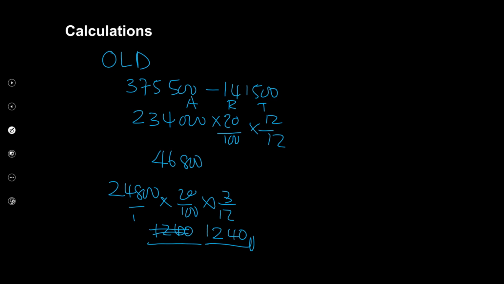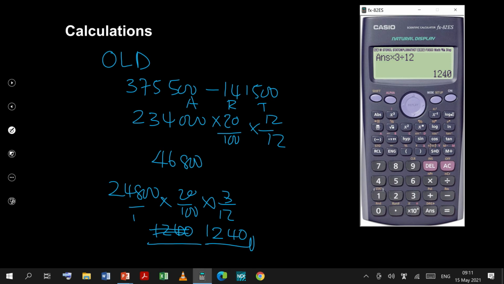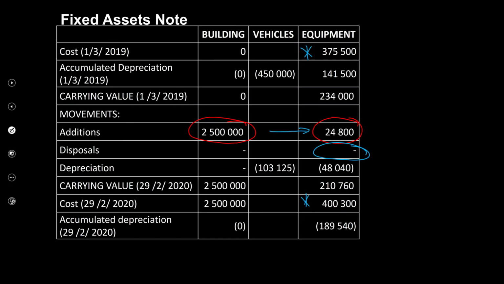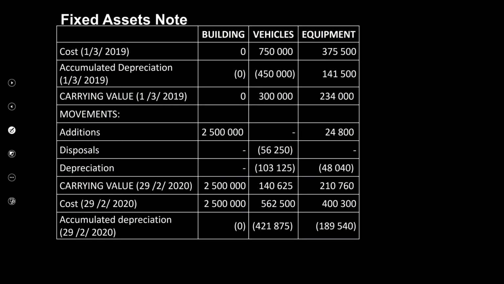So therefore, I take the 1,240 plus the 46,800, and that will give me 48,040 as my depreciation figure. So what have we done?